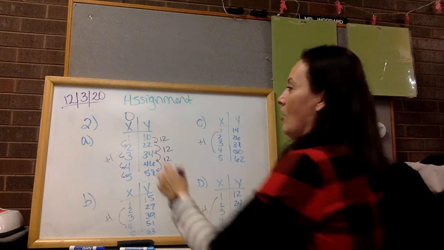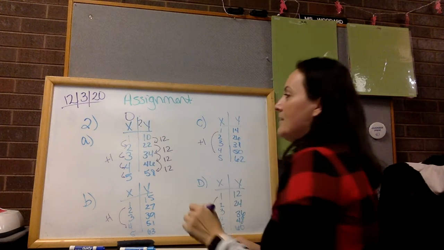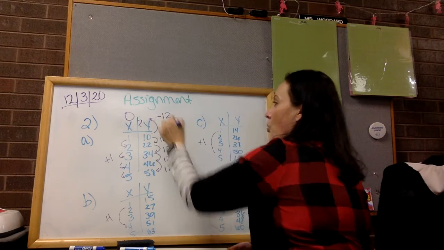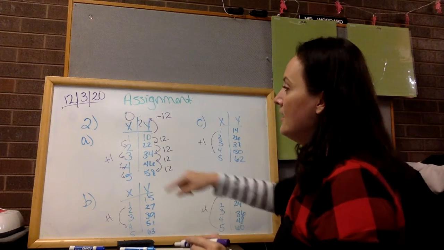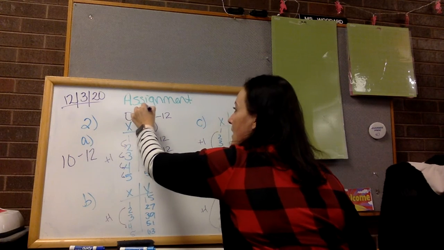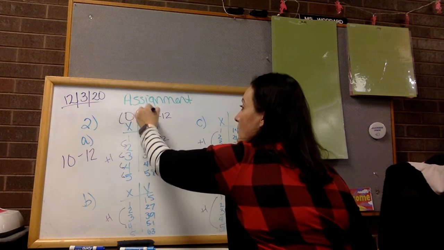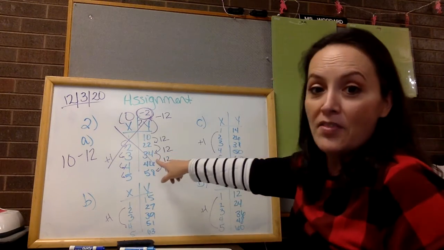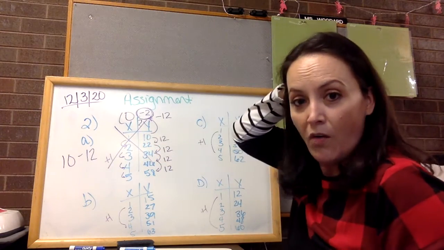When X is 0, what is Y? So I'm going the opposite, subtracting 12 off of that 10. So 10 minus 12 gives me a -2. That is not 0.